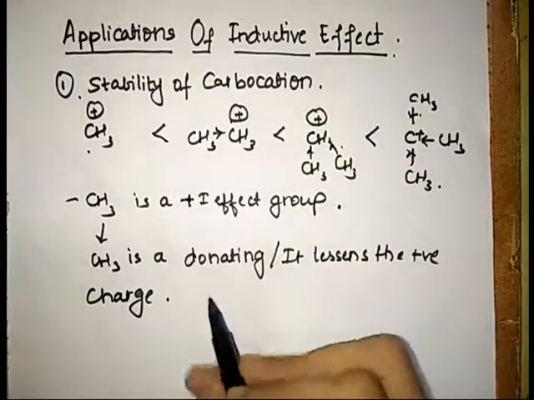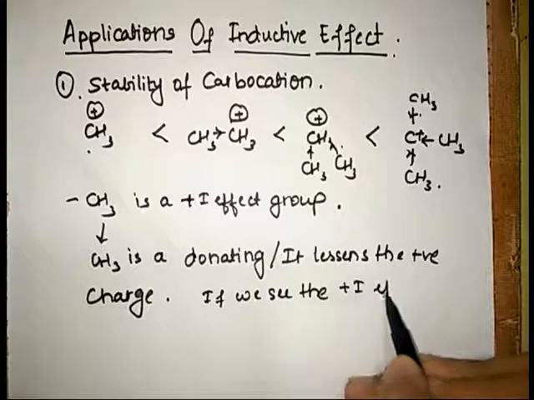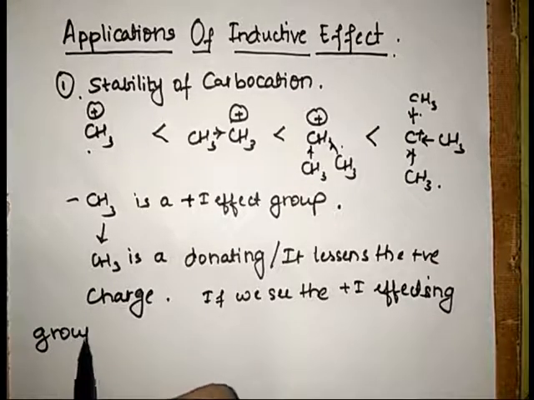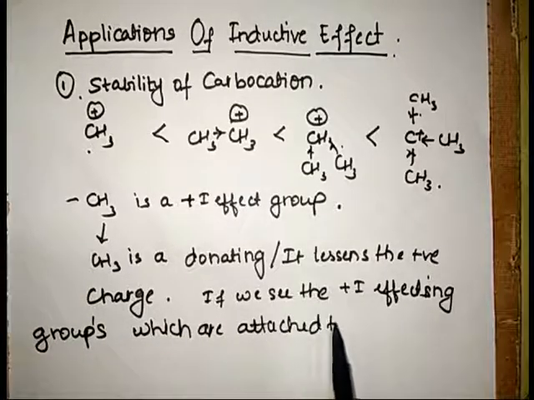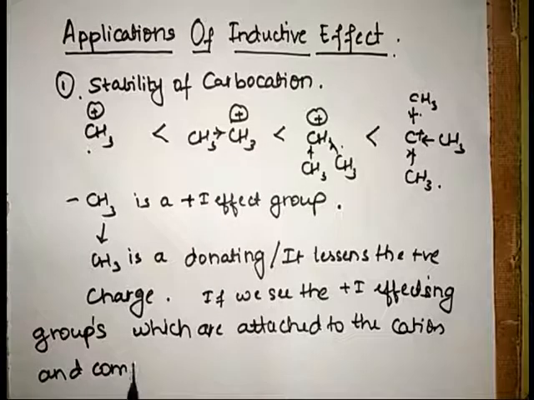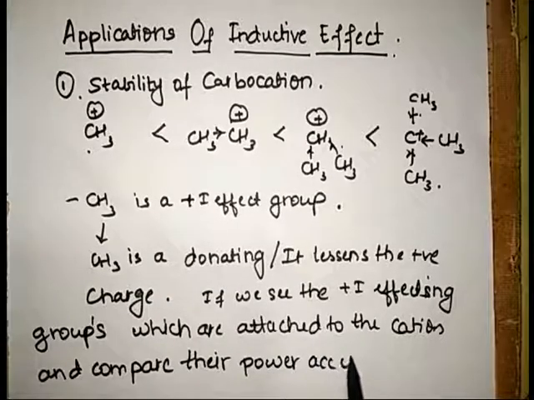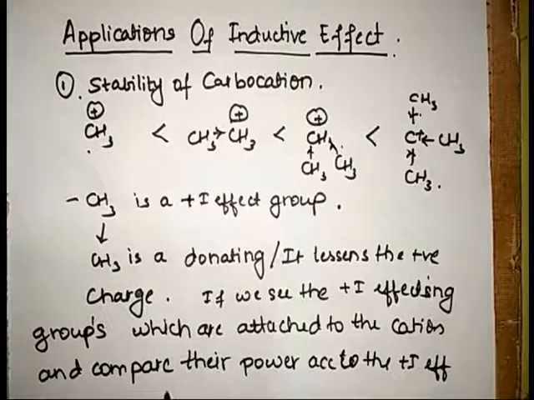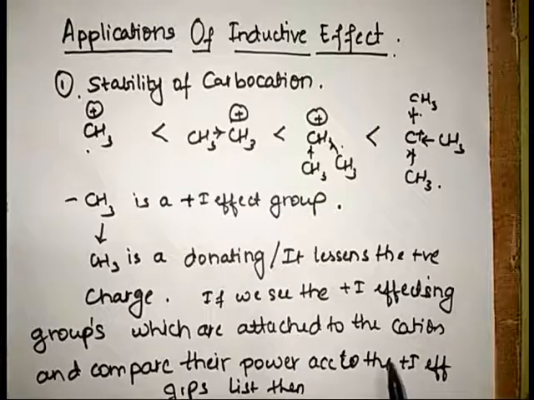Similarly for other cases as well, if we see the plus I affecting groups which are attached to the cation, and compare their power according to the plus I affecting groups list, then we can know the stability of the carbocation.